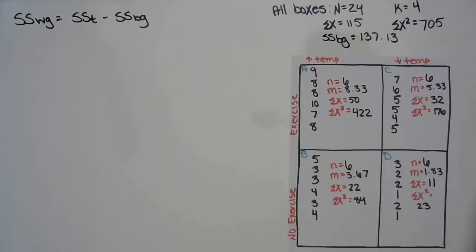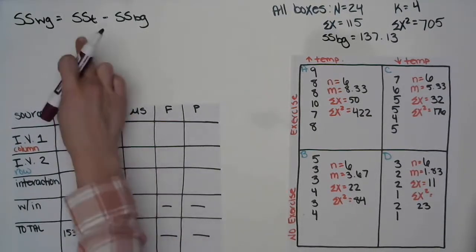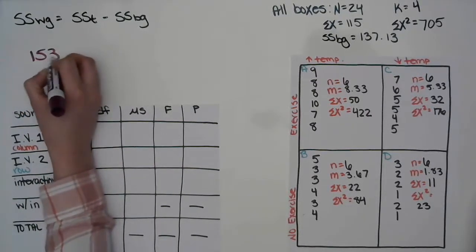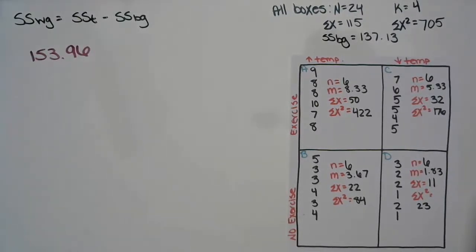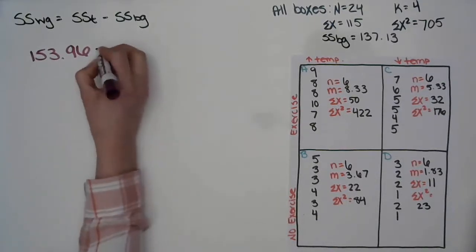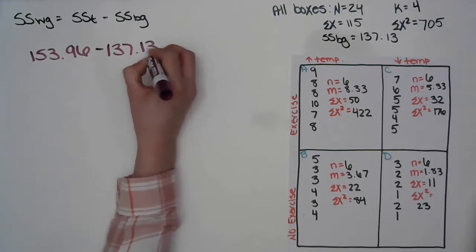Now we are going to use the sum of squares between groups to find the sum of squares within groups. If we look at our table here, we have our SST value of 153.96, and we are going to subtract our sum of squares between groups, which is 137.13.